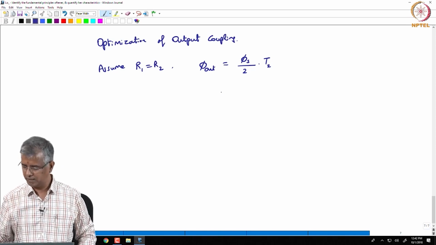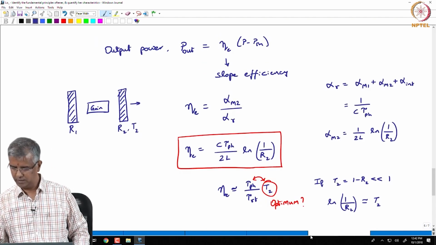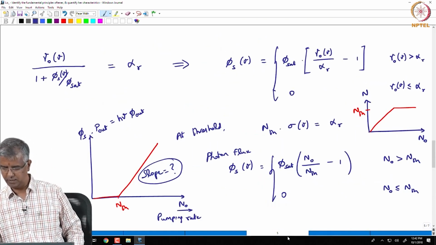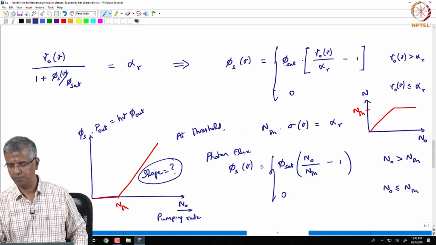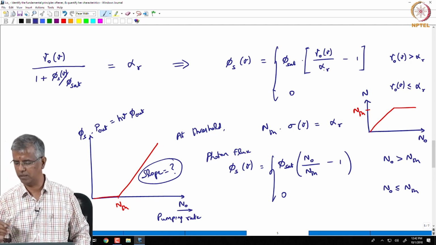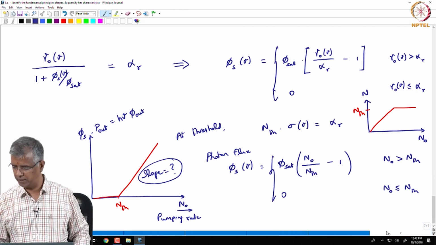Now, I have an expression for phi s. I have expressed phi s in terms of phi sat, the small signal gain and the total losses. So, I can use that expression over here.